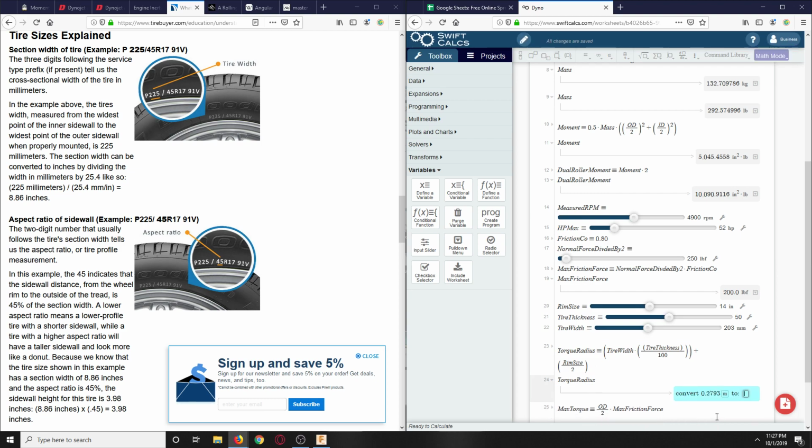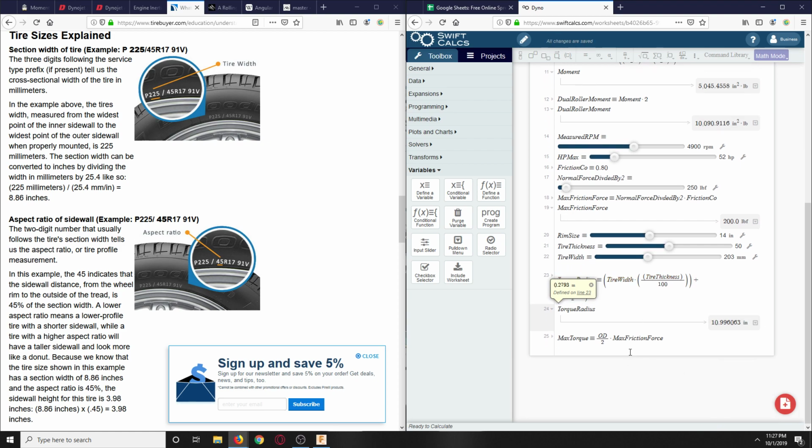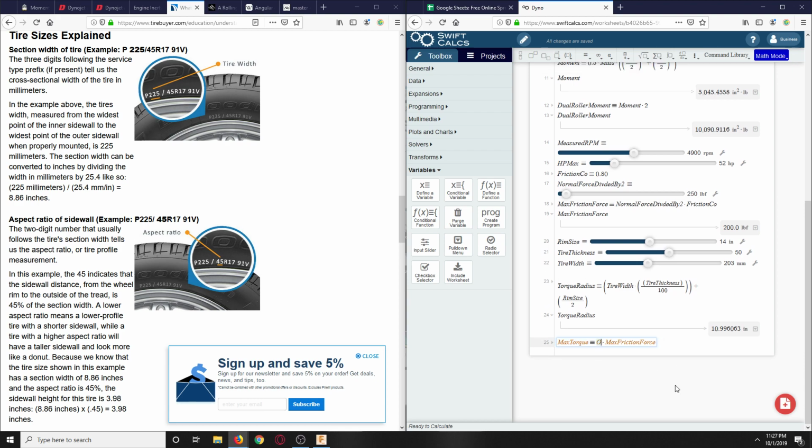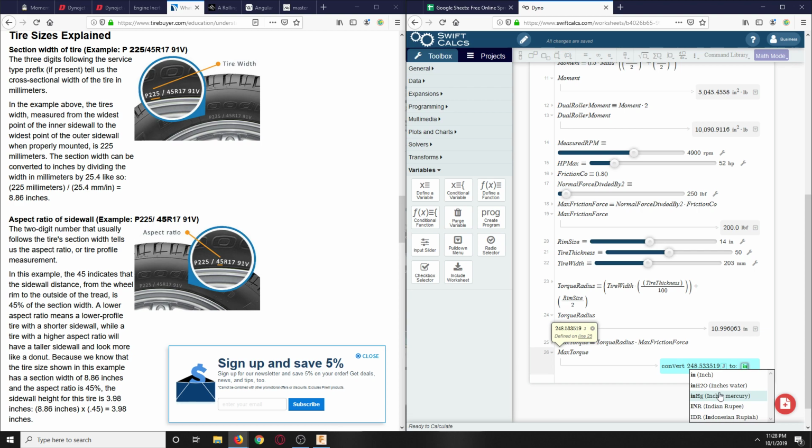Okay. Change unit to inches. Oops, not inches of water, that's volume. I mean, vacuum. Okay, so not this. So this is now equal to torque radius times max friction force is max torque. Joules, and we're going to do inch, or in this case, let's say foot-pounds.